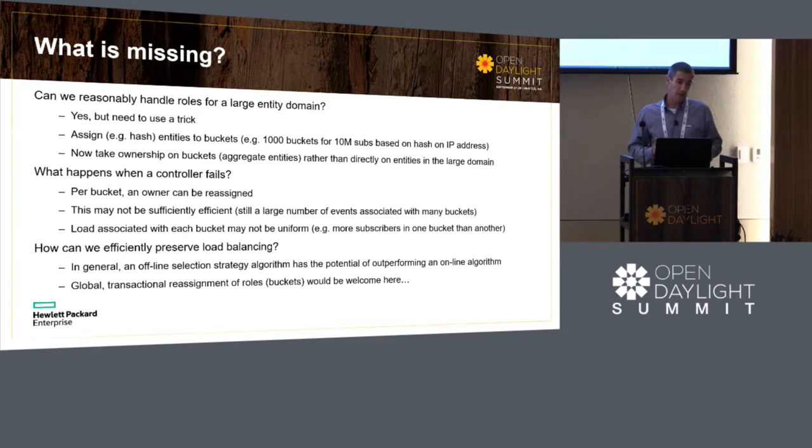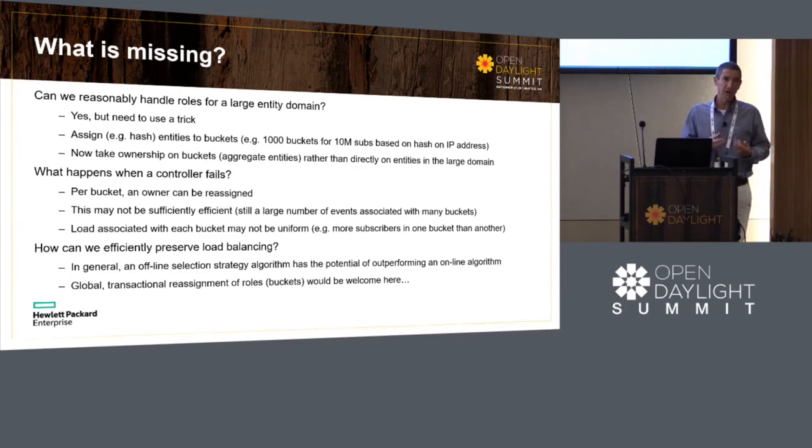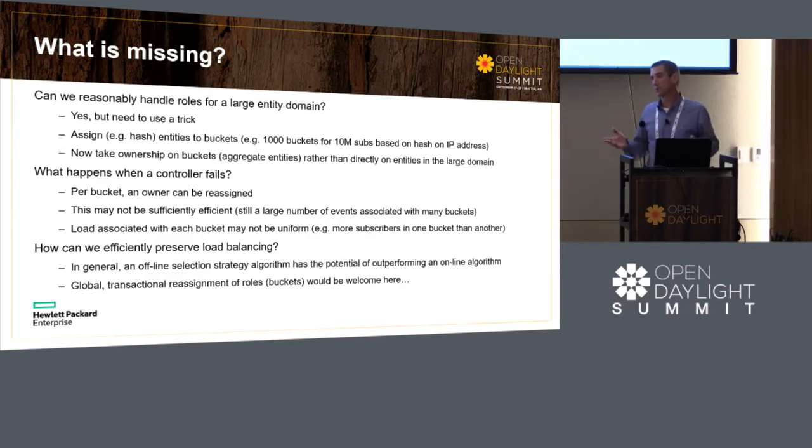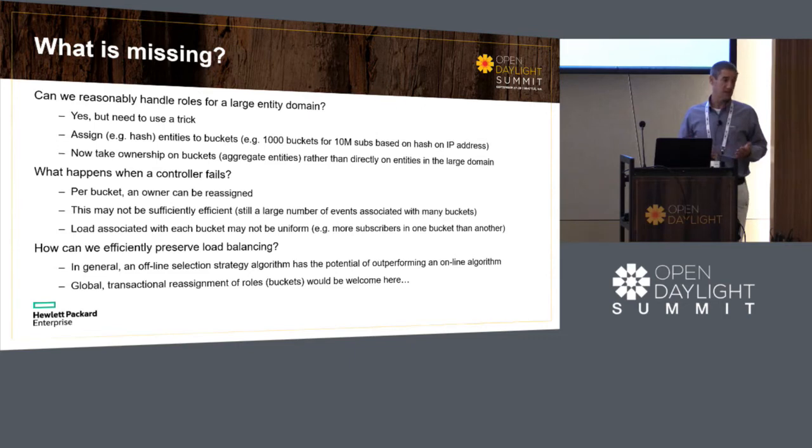Because if now you take ownership on a bucket, you're assuming that a bucket implies load just like every other bucket. This could work if you have a good hash function, for instance, if you have a large number of subscribers mapped to buckets, and on average all the buckets imply the same load, but it's not necessarily the case.